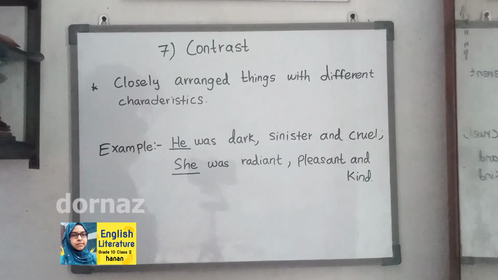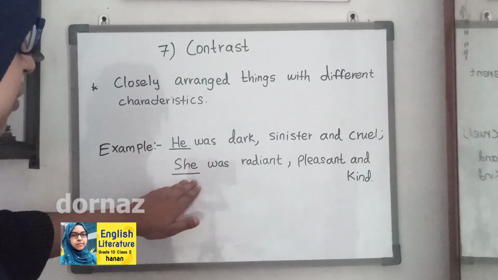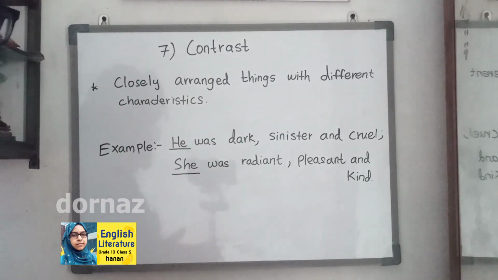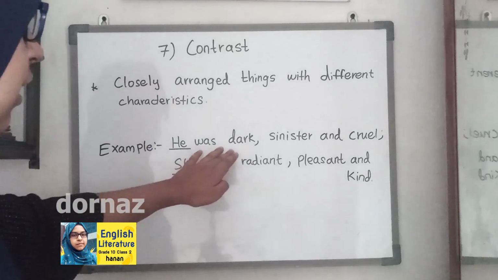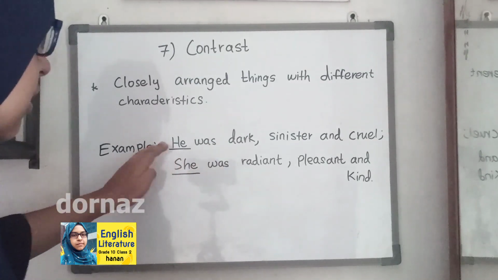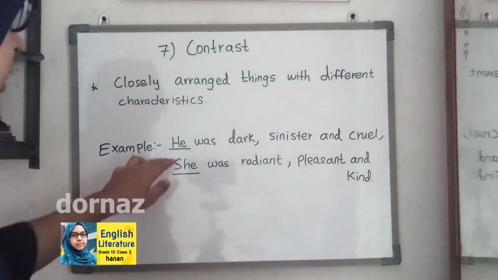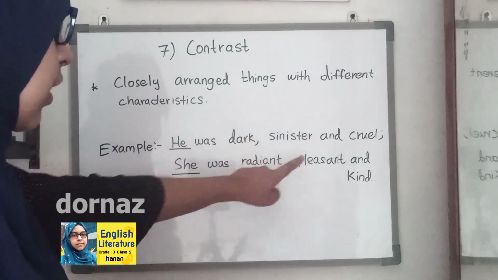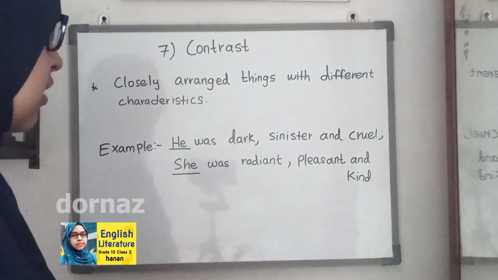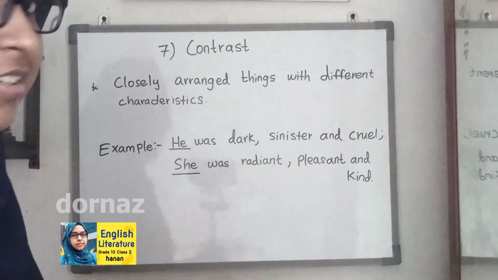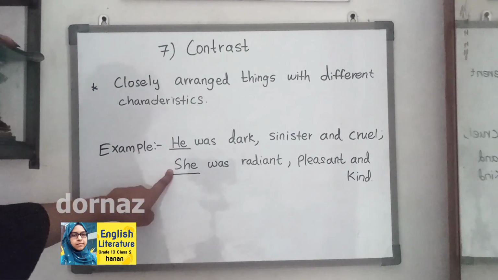What can you understand from this? She has qualities against this boy, because he is dark, but she is not dark. She is radiant. She is shiny. He is sinister and cruel, but she is not like that. She is pleasant and kind. She doesn't have any cruel characteristics. Can you understand? He, she.